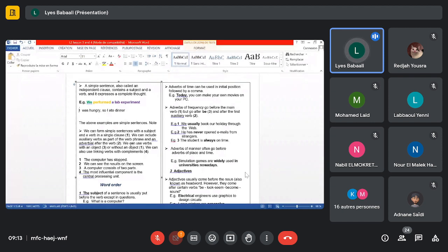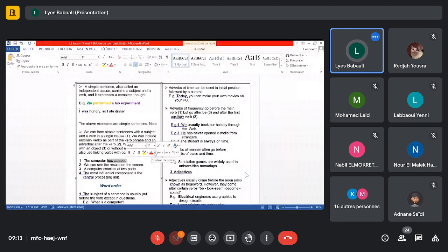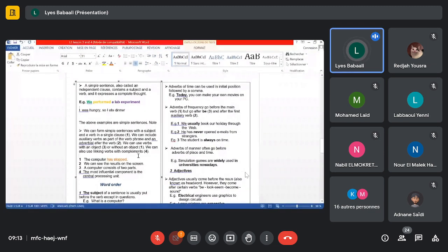Here, what they're trying to say is that sometimes you don't have one verb; sometimes it's a verbal phrase. Like here, we have a helping verb: the computer has stopped. Some people might argue that there are two verbs, but no, it's actually just one verbal phrase.